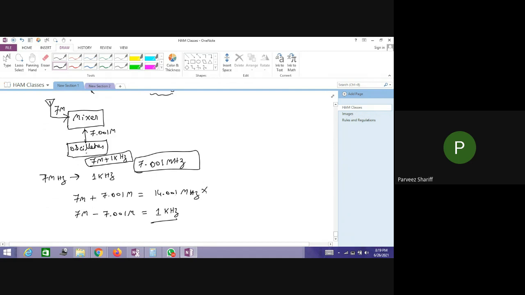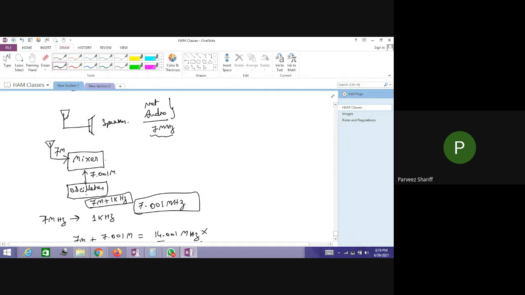The sum is not required, so we'll neglect it and take the difference. The output we get is 1 kilohertz, and I'll give it to an audio amplifier, and from that audio amplifier I will give it to the speaker. Then we can hear whatever transmitted signal we receive at this point.